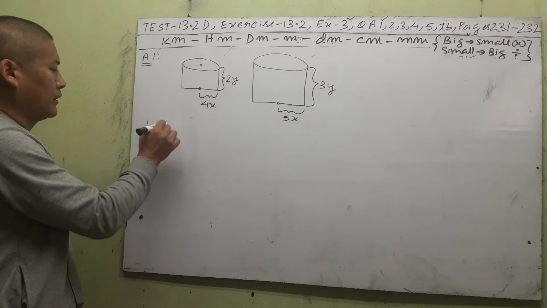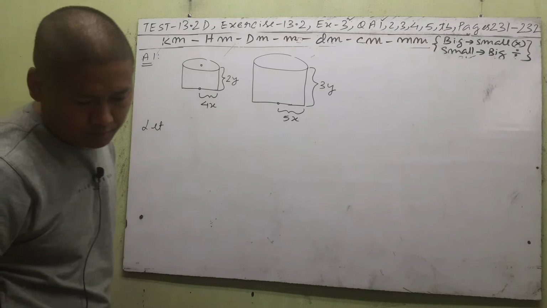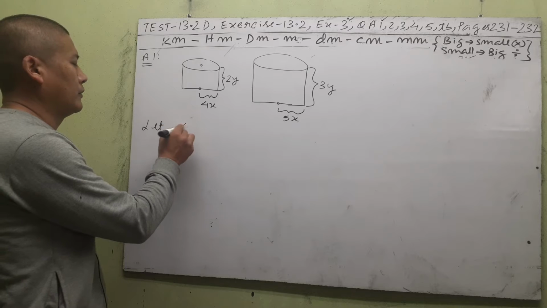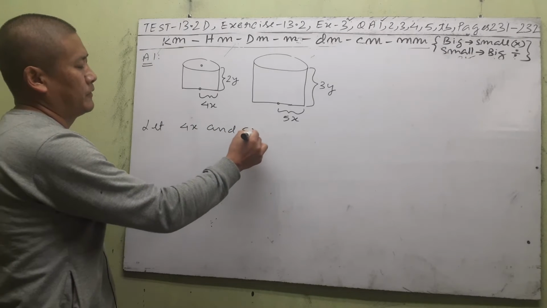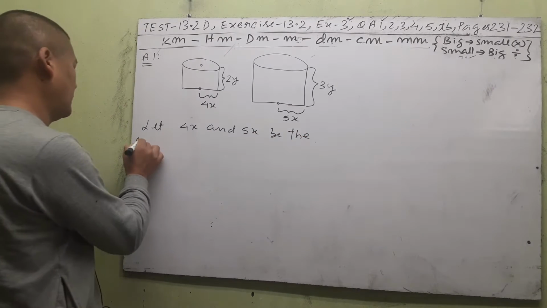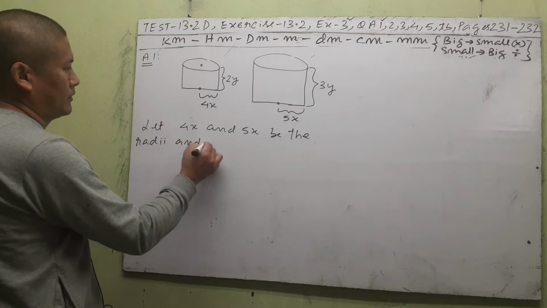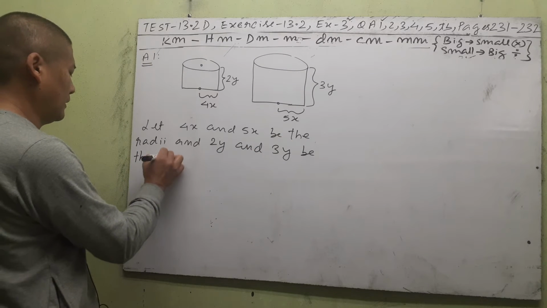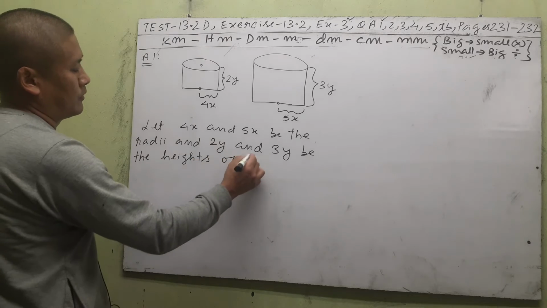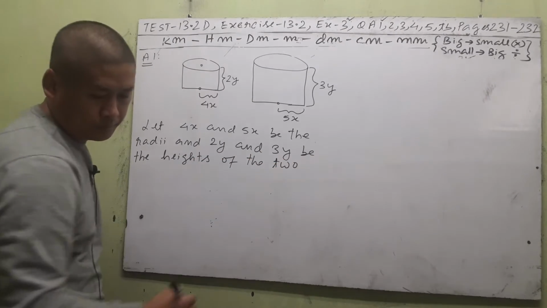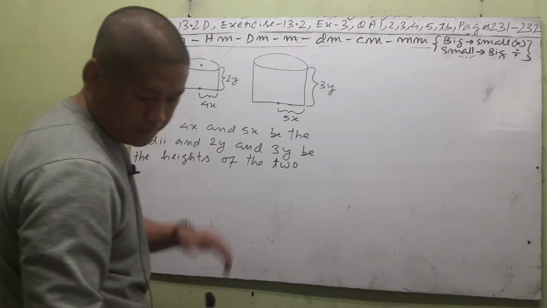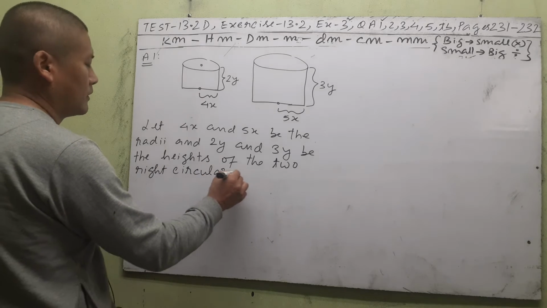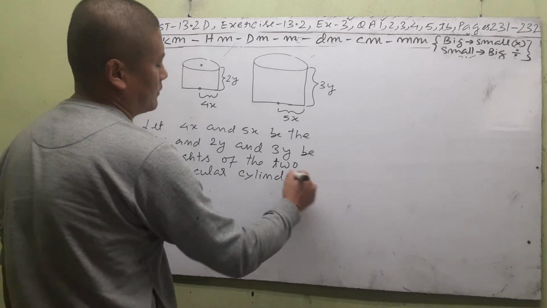So let us write here. Let 4x and 5x be the radii, and then 2y and 3y be the heights of the two given right circular cylinders, respectively.